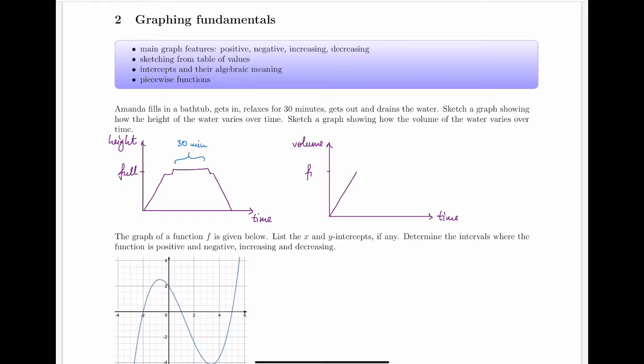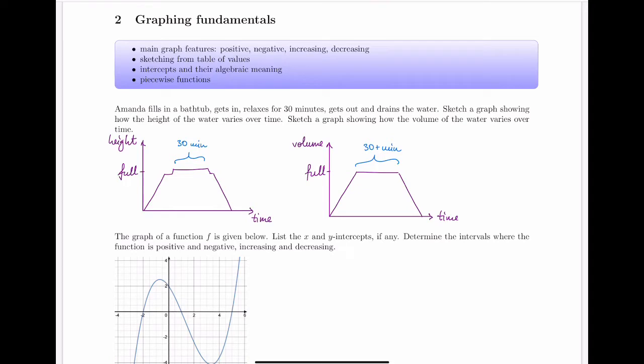So let's say at this point, the tub is full. But notice that when Amanda got in, the height of the water increased, while the volume of the water isn't actually going to increase. So for the whole time between filling up the tub and draining the tub, so 30-something minutes, the volume of the water stays the same. And then when Amanda gets out and drains the tub, the volume of the water decreases.